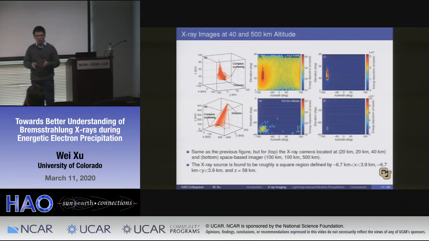The source is found to be a 10 kilometer by 10 kilometer square, which is pretty close to what we used as the input of Monte Carlo simulations. The point here is that because of the decreasing air density, photons that are back scattered into space experience much less collisions or even no collisions, and the space-based X-ray imaging can then be used to roughly estimate the size of the precipitation area.